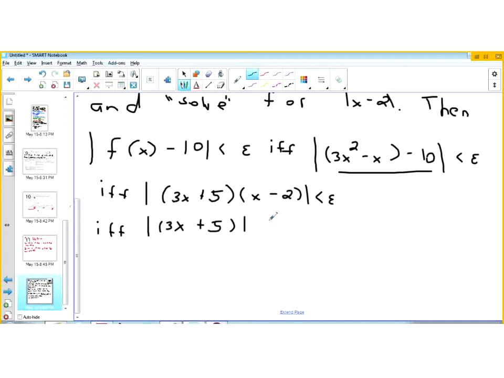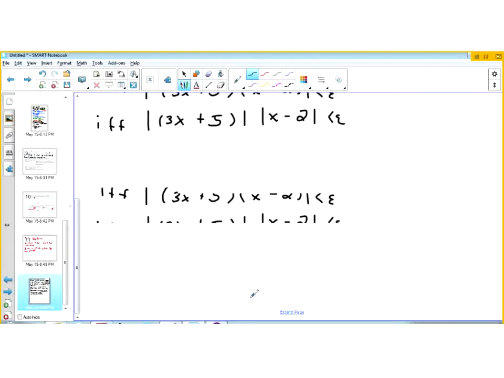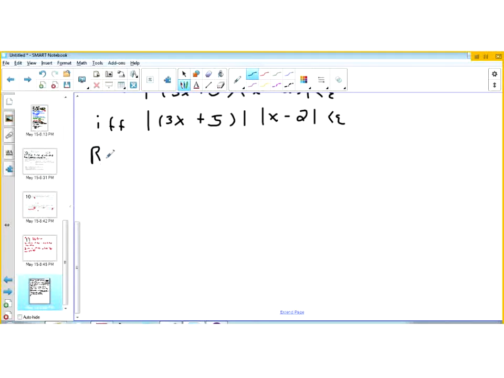And this is true if and only if, so we can factor the absolute value of a product into the product of the absolute values. The absolute value of 3x plus 5 times the absolute value of x minus 2 is less than epsilon.